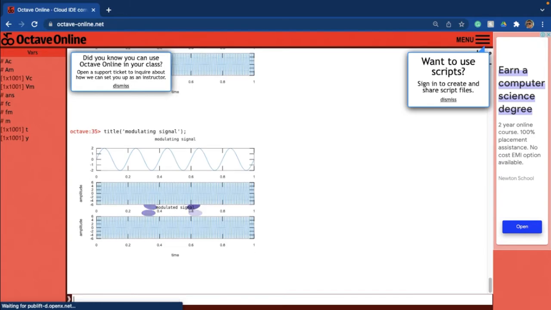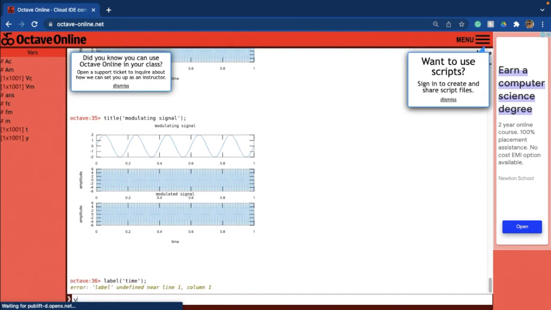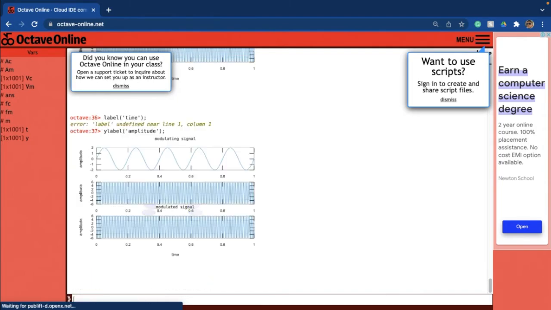X label: time. Y label: amplitude. This completes my modulating wave.